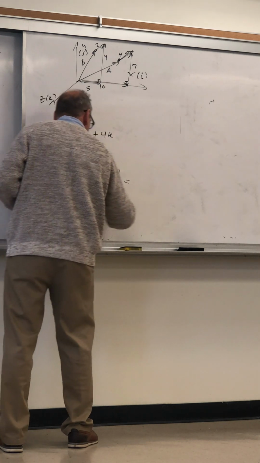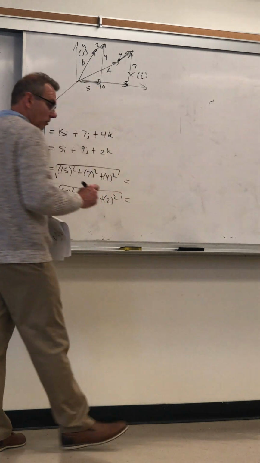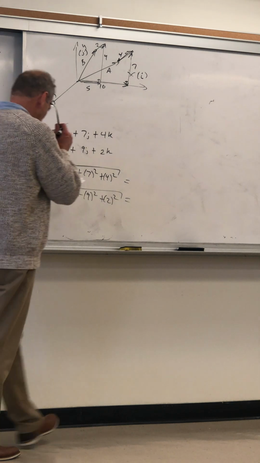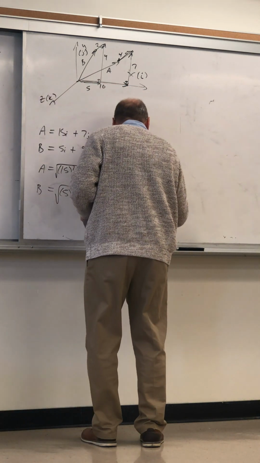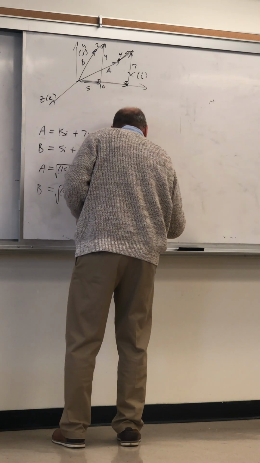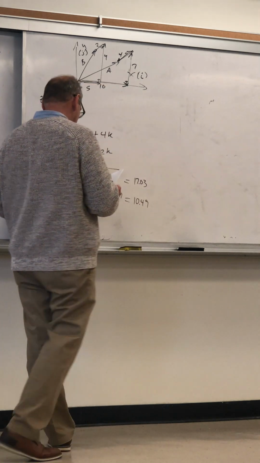So it's a hypotenuse, but in all three dimensions instead of one number squared plus another, it's all three squared, square root. Same idea. 17.03, and this is 10.4.